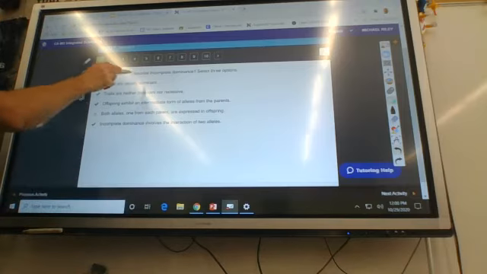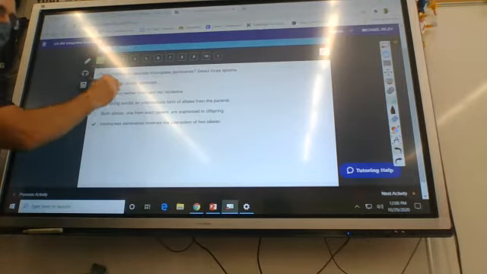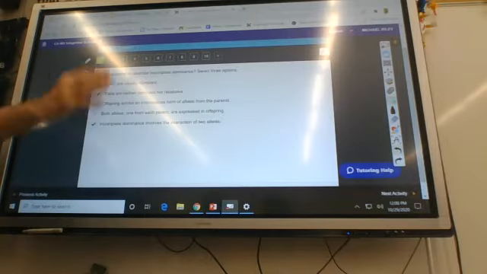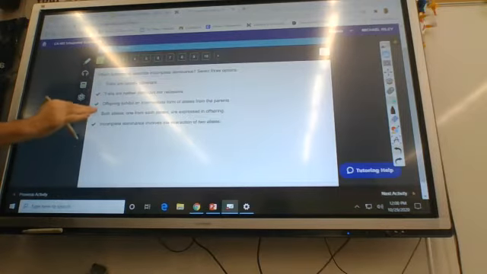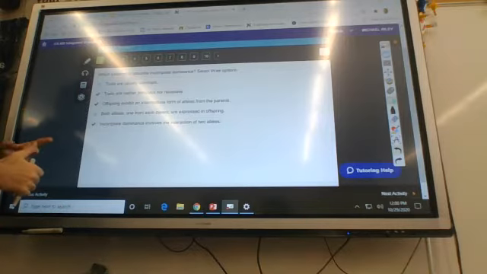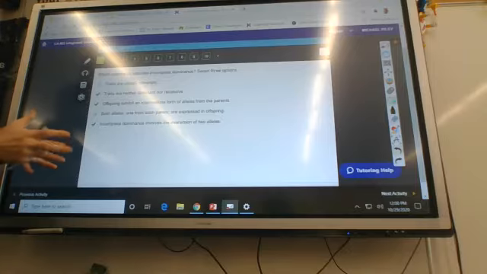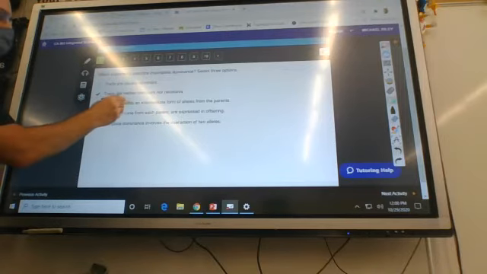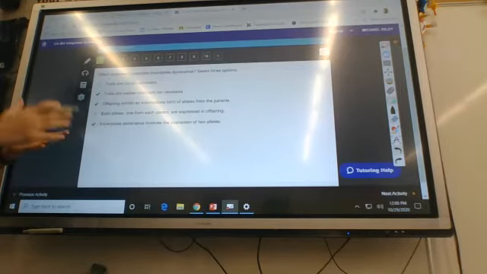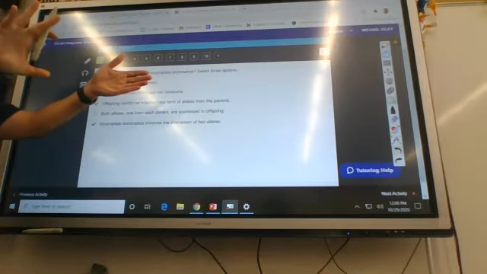So which statements describe incomplete dominance? Pick 3. The traits are neither dominant nor recessive. They both show up, how they show up is incomplete or codominance, but neither one is dominant. Offspring exhibit an intermediate. So you've got black, and you've got white, and right in the middle you have gray.